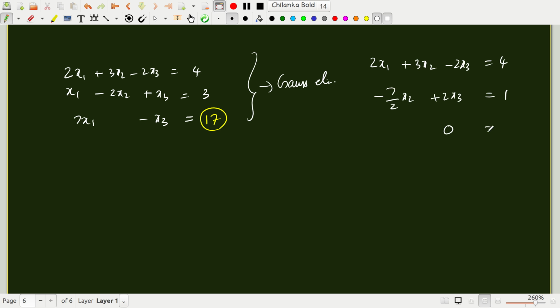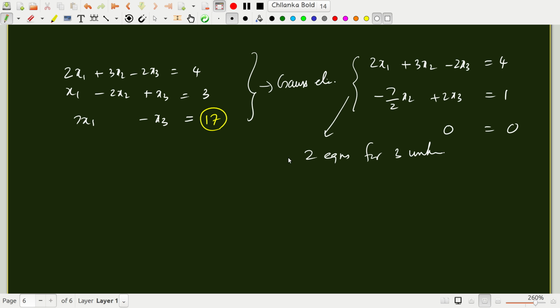The final equation will become 0 equal to 0. So basically, in this system of three equations, after Gauss elimination you find that two of them are linearly dependent, therefore you effectively get only two equations for three unknowns.